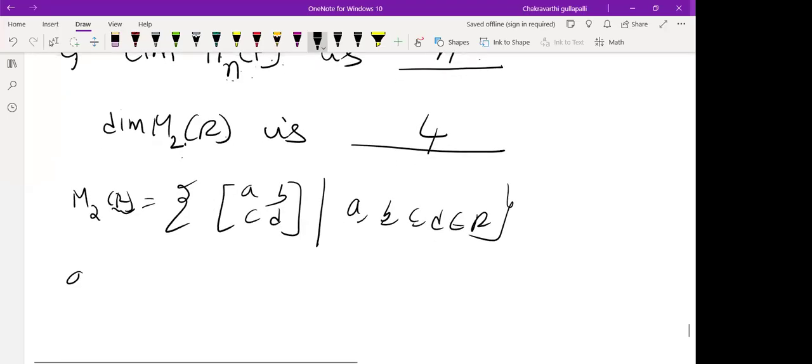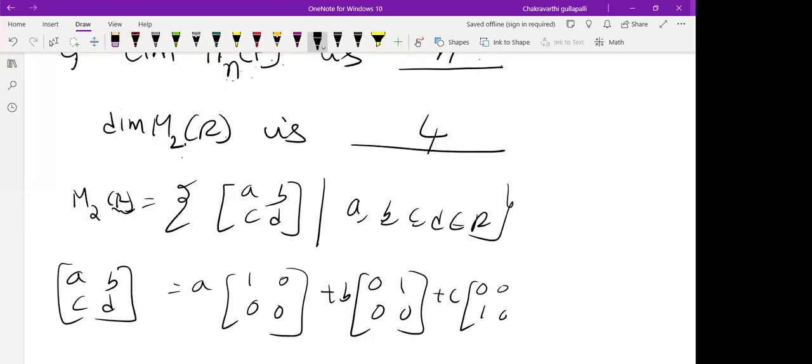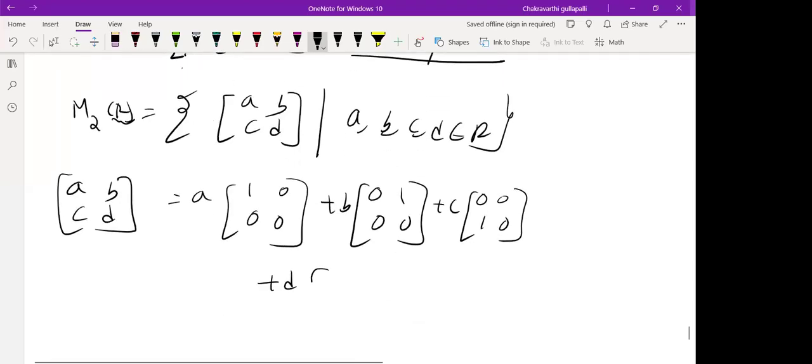So we can write the matrix as a into [1 0; 0 0], b into [0 1; 0 0], c into [0 0; 1 0], d into [0 0; 0 1].